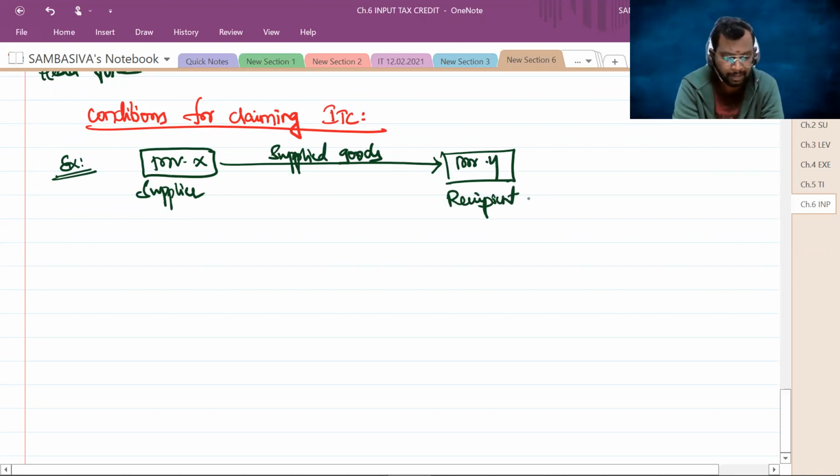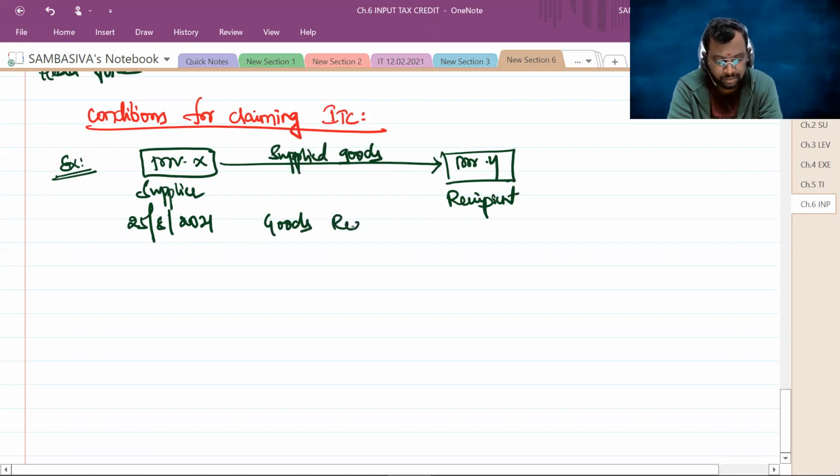Sir, on 25th of August 2021, the goods movement started, and the goods reached the recipient premises on 3rd of September 2021.